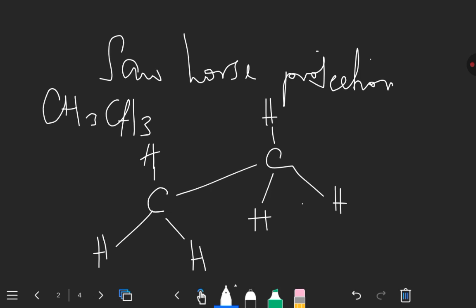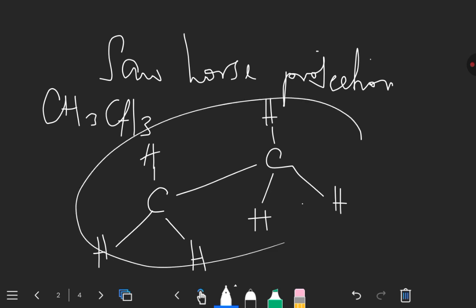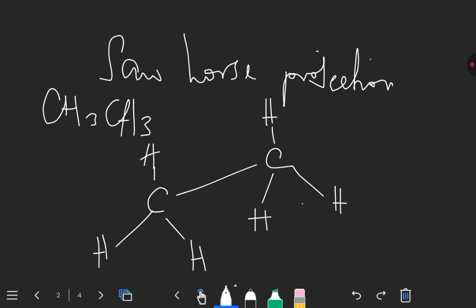Then we can also look at what is known as Newman projection. I'll try to draw a Newman projection from this Sawhorse projection. So you can see that this is what you're going to have in front.